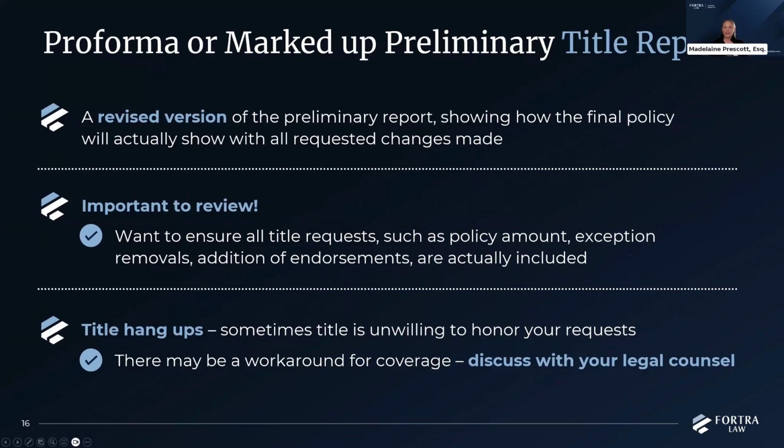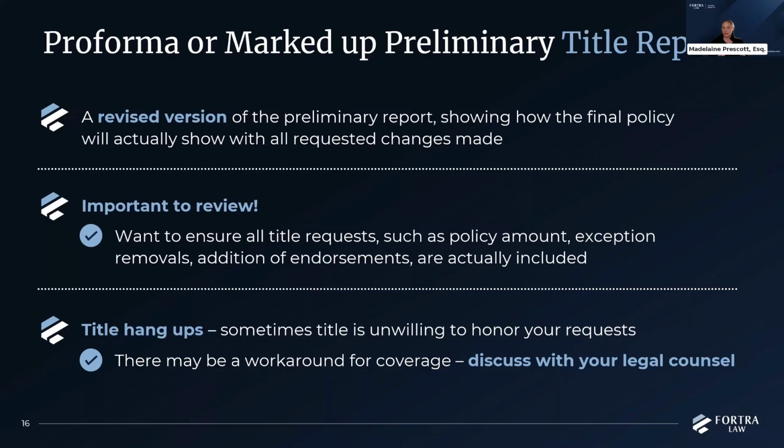Another thing you're going to see, which relates back to what Casey was just talking about with title, is a pro forma or a marked-up preliminary title report. This is basically the title report that Casey was talking about, and they're going to revise it based on all of your requests. So the exception items you want removed and the endorsements you're asking to have issued, all of that is going to be reflected on the pro forma or marked-up title report, to show exactly how the final policy is going to look before it's actually issued.